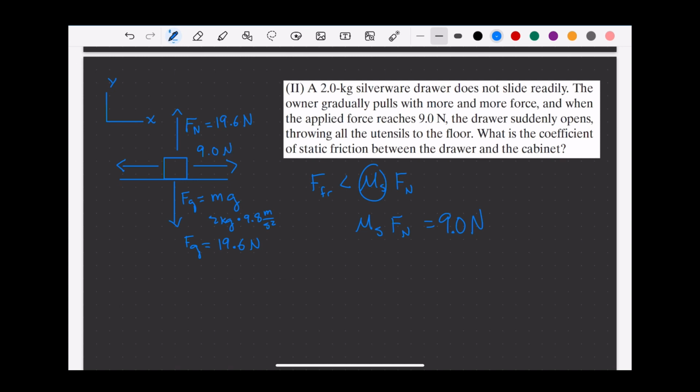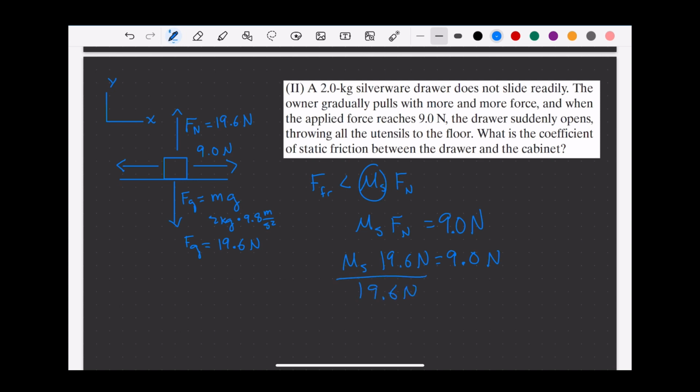So we're going to say that the normal force is equal in magnitude to 19.6 newtons, and if we multiply that by our coefficient of static friction, that should be equal to 9.0 newtons, if we're talking about the moment that we pass the static friction force threshold. So now I can go ahead and just solve for the coefficient of static friction here.